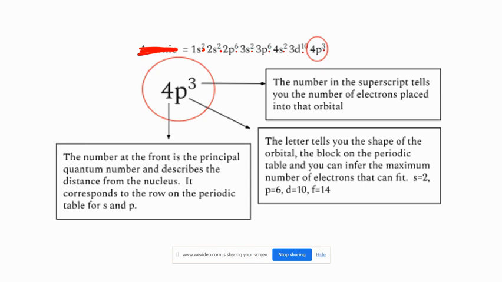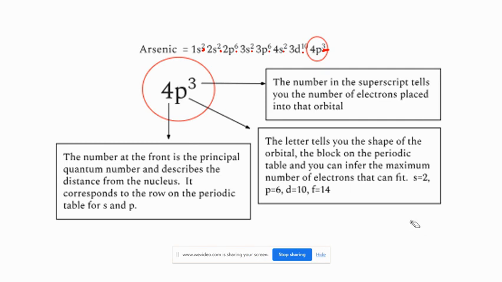And it is. Yep, arsenic is number 33. So if you add up these superscripts, that's the atomic number for the element that you're trying to identify. It's also a good way to double check your work. Did you get all the electrons placed? If you didn't, it's a good way to catch that too.